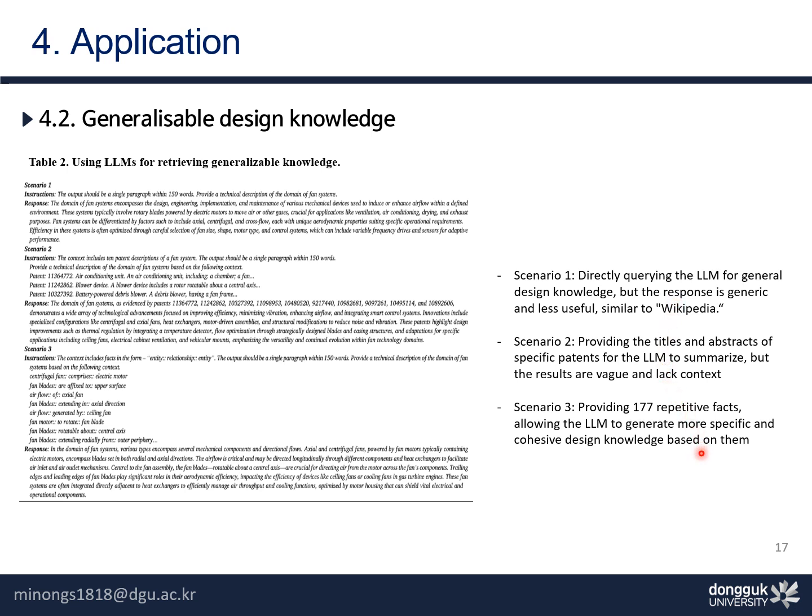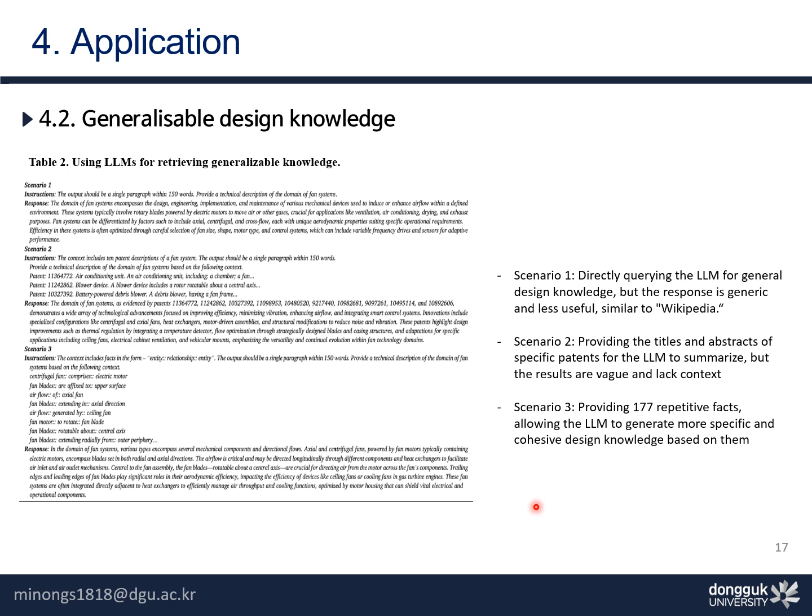Scenario 2 provided 10 patents' titles and abstracts, but the domain consistency was lacking. In Scenario 3, by referencing 177 recurring facts, the LLM generated a consistent explanation of fan systems, allowing the integration of important attributes into domain knowledge.